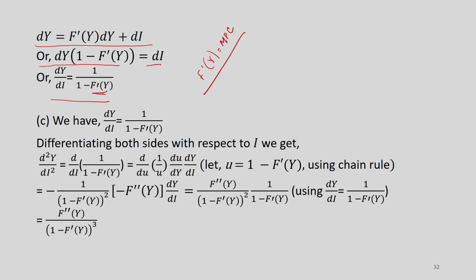That is why here instead of 0.9 I am getting f prime y. Okay. So, the basic form of the investment multiplier remains the same. It is 1 divided by 1 minus MPC. All right.